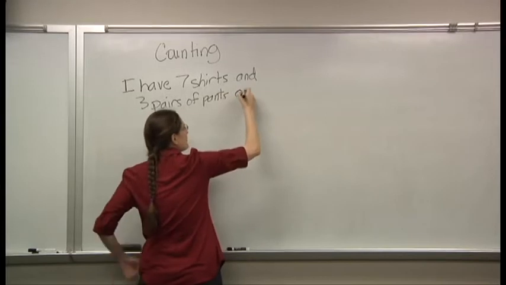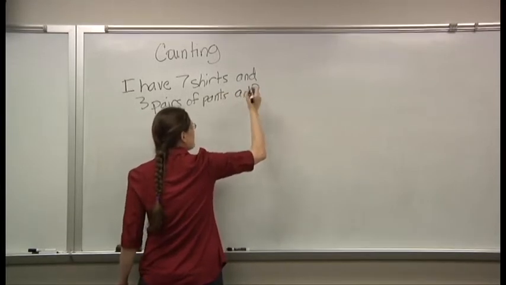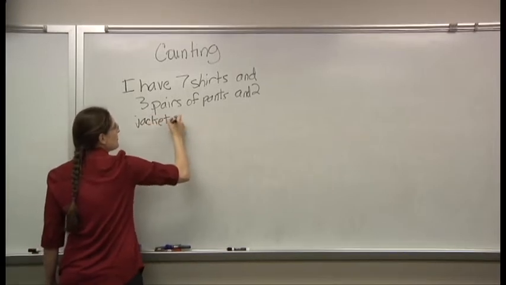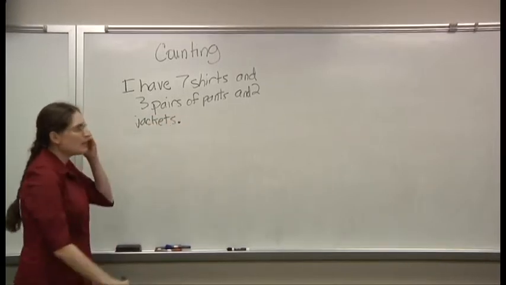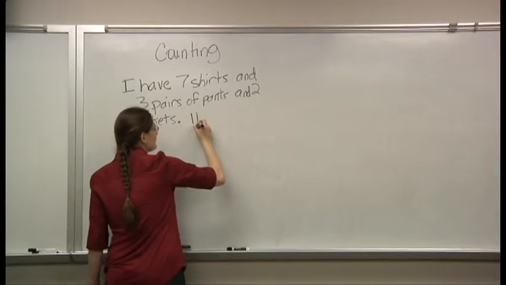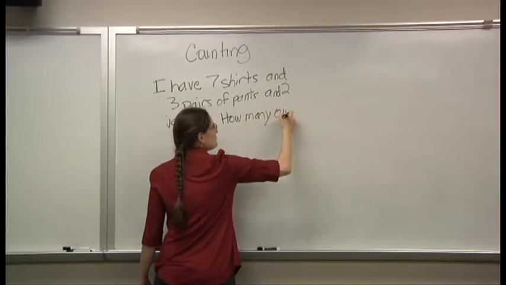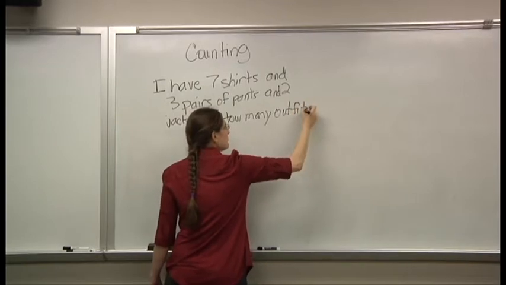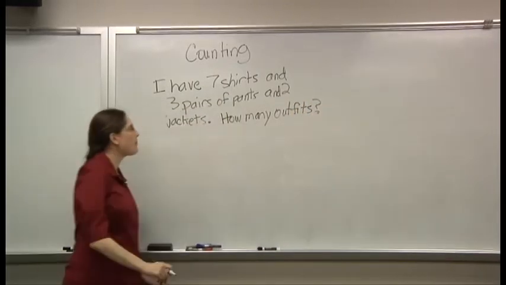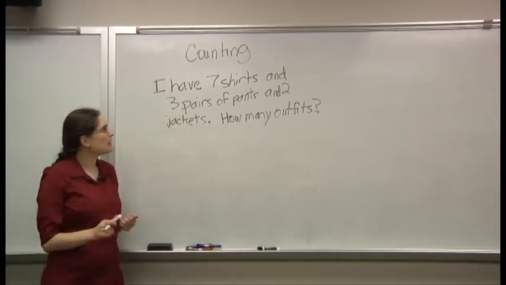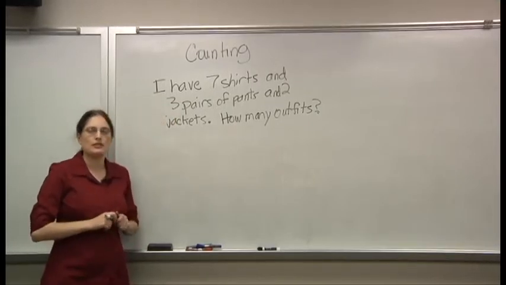And 2 jackets. How many outfits can I make? How do I figure out how many outfits you can make out of 7 shirts, 3 pairs of pants, and 2 jackets?